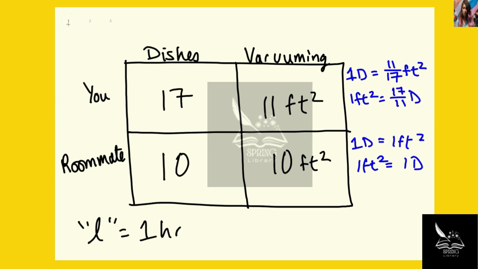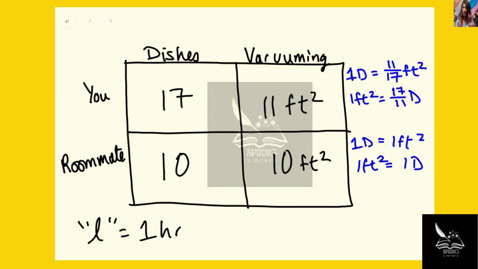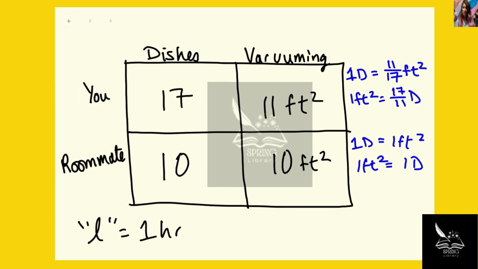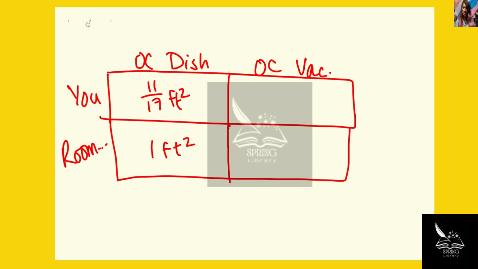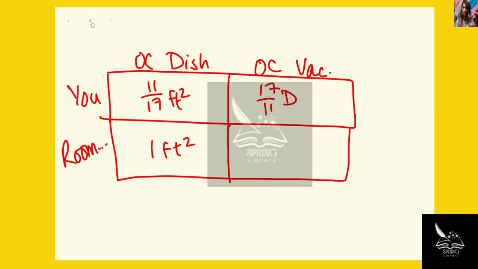So for you, the opportunity cost, one dish is equal to 11 over 17 square feet. And for your roommate, one dish is equal to 1 square foot. Now for vacuuming, 1 square foot is equal to 17 over 11 dishes. And here, 1 square foot is equal to 1 dish again.